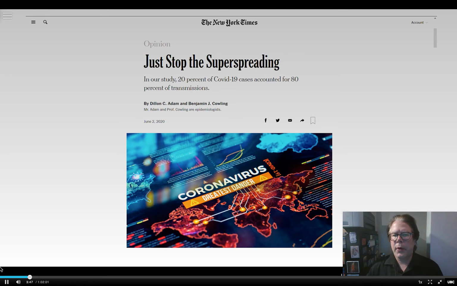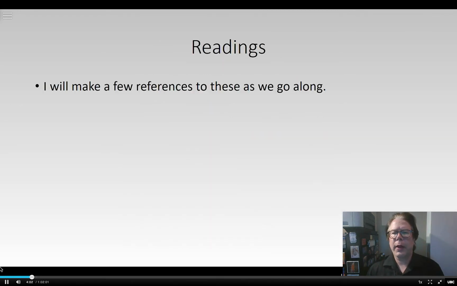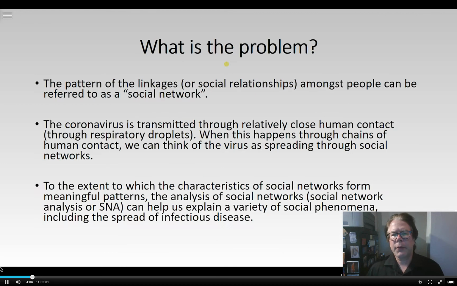So, for example, the authors talk about the fact that in their study, only 20% of cases accounted for 80% of the transmission. And this is a particular aspect of social network transmission of infectious diseases. So I'll make a few references to these as we go along.